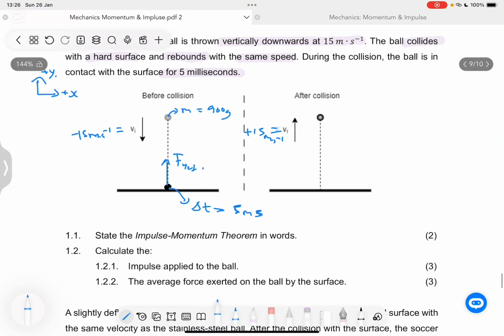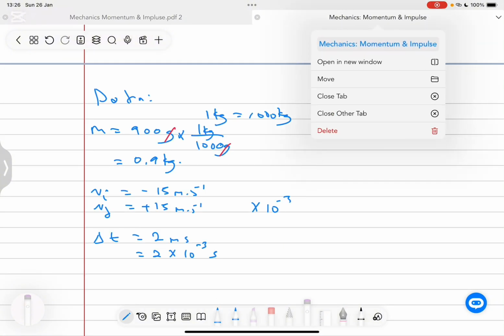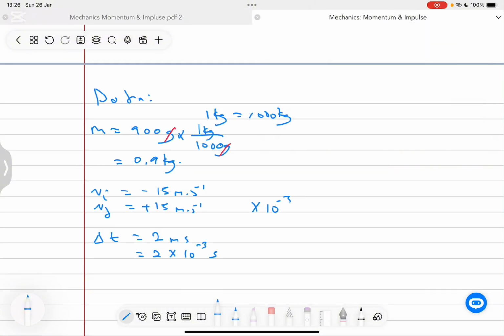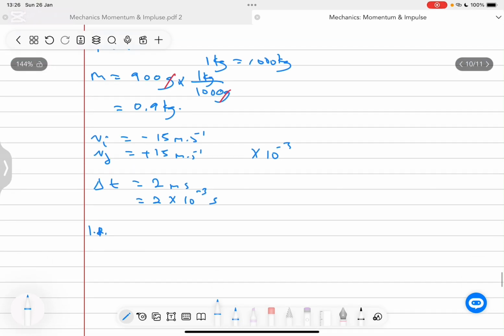Now, in this step, I literally go to my questions and answer them. The first question says, state the impulse momentum theorem in words. So remember, we can express this theorem in terms of an equation, but here I'm going to answer it in words as requested.